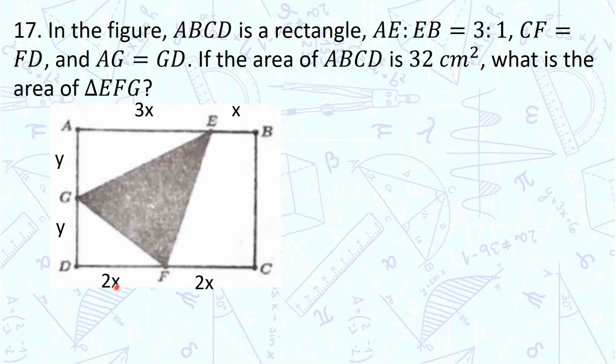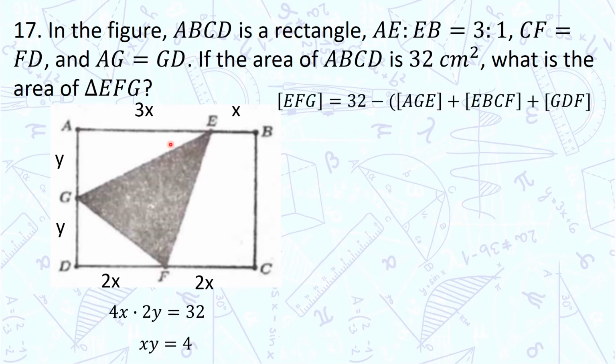So if we get the area of the rectangle this time, we will have 2x plus 2x, that is the length, so that will be 4x, times y plus y, that will be the width, so 2y equals 32. 4x times 2y equals 32. Then we have xy is equal to 4, dividing both sides of the equation by 8.